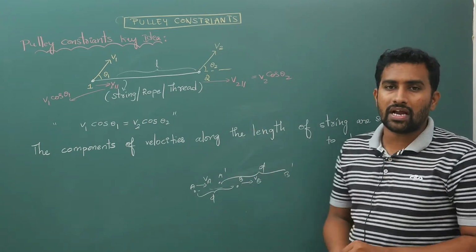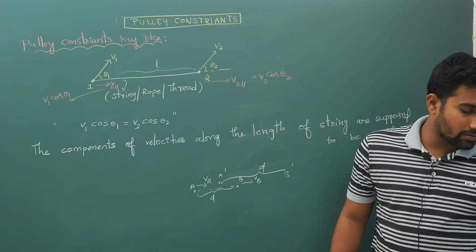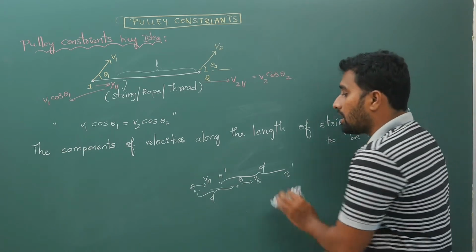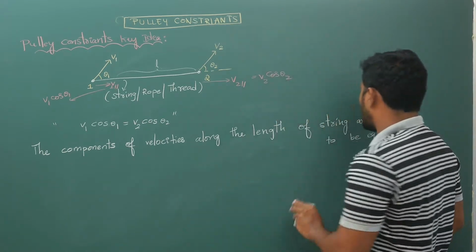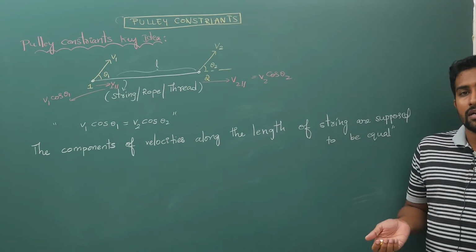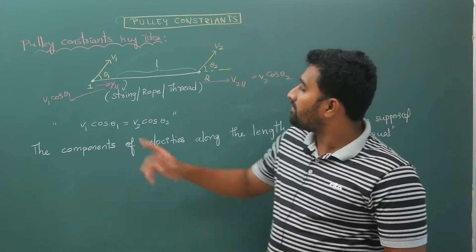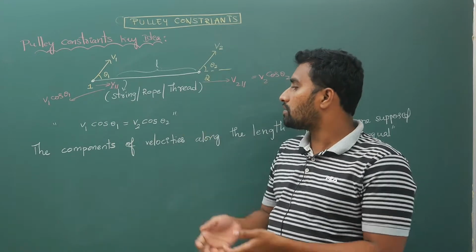So according to that condition, I hope you are getting my point, your velocity components along the length of the string are supposed to be equal. That means your v1 cos theta 1 is equal to v2 cos theta 2.